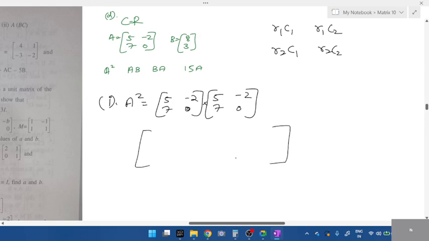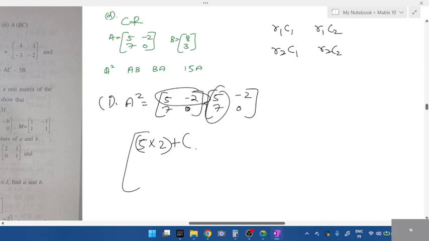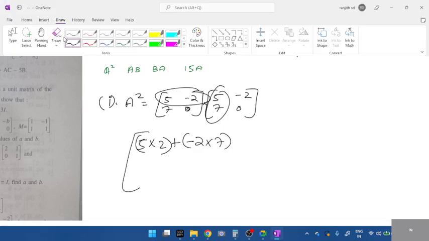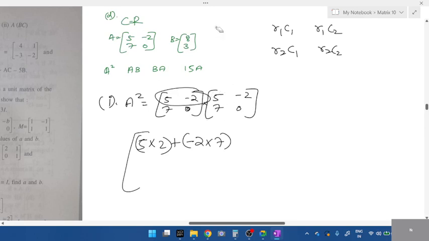Okay, Mebli, can you answer this? How will you multiply? 5 into 5, plus, in bracket, minus 2 into 7. Then first row, keep it as it is. Take the second column.